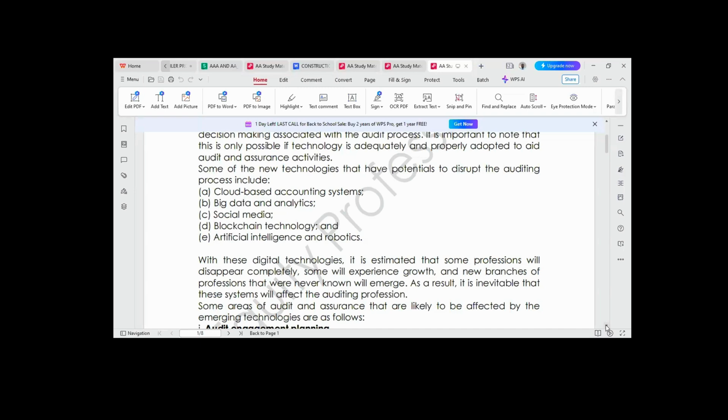Number two, we have what we call big data and analytics. Now, before now, like I said, I gave an instance of those days when people would be using a calculator to cast and cross-cast figures on long sheets of paper. But now we have what we call big data and analytics. What do we mean by big data?